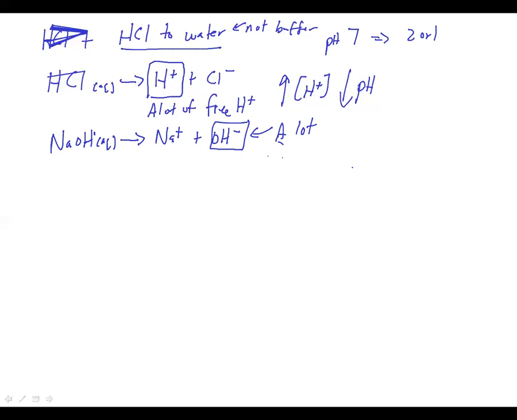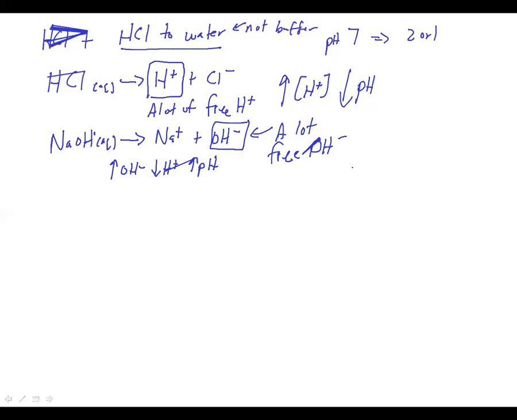And if we made a lot of OH minus, the amount of H plus would go down, and vice versa, the pH would go up in this particular case.